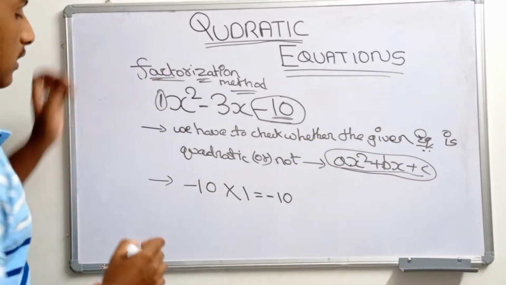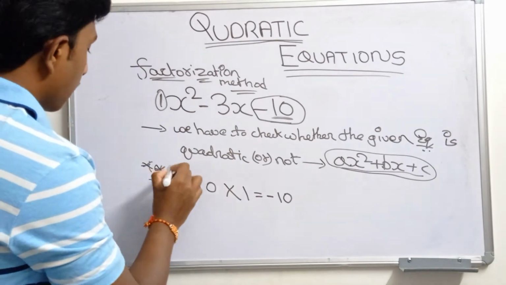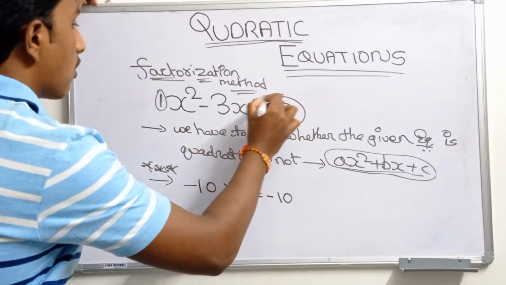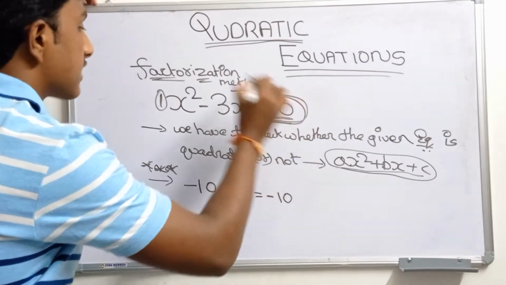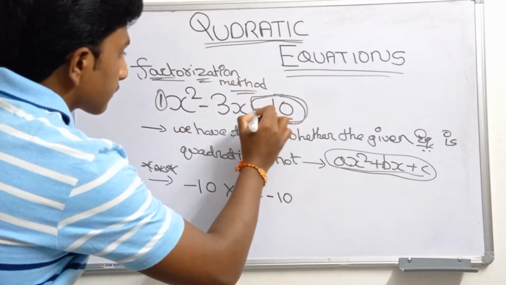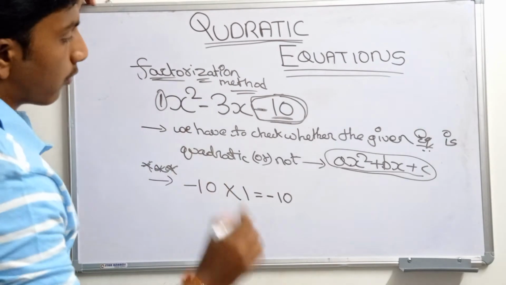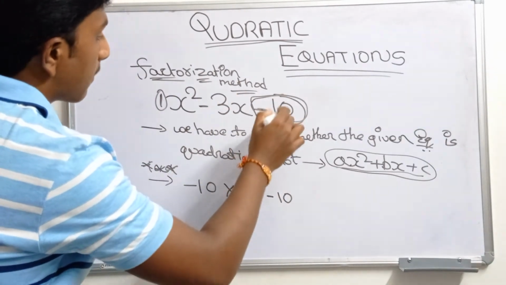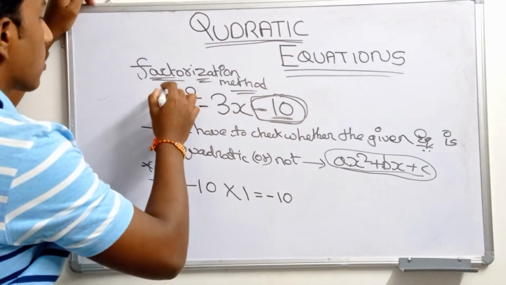And the second, important rule is to multiply the complete constant term, with sign, with the coefficient of the x square term. Signs are really important.